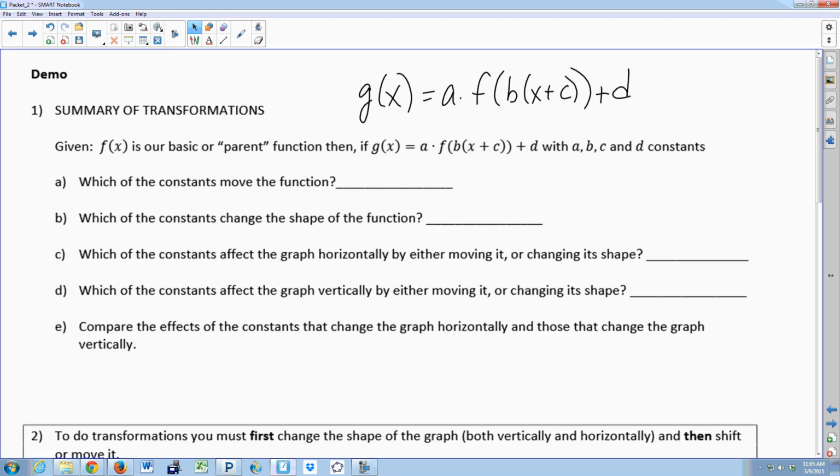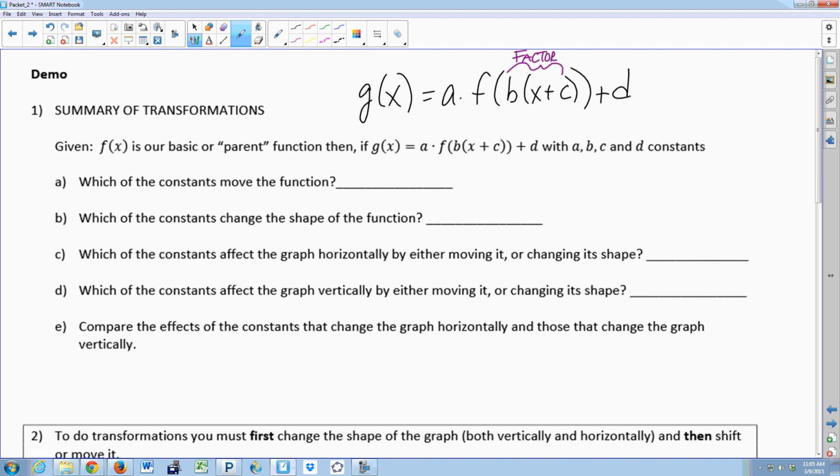Now, it's a little intimidating when you first look at it, but what I want you to do is see the difference between what's inside the parentheses, your input, compared to what your book did. You see how this doesn't just say x plus c, it has b times the quantity x plus c? It's factored. This is in factored form.